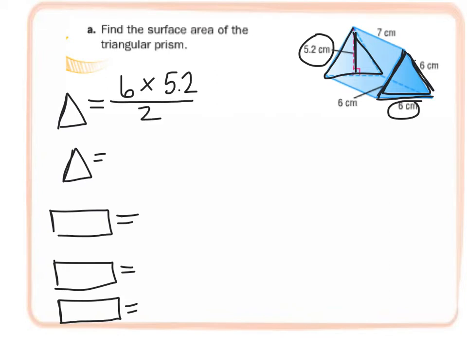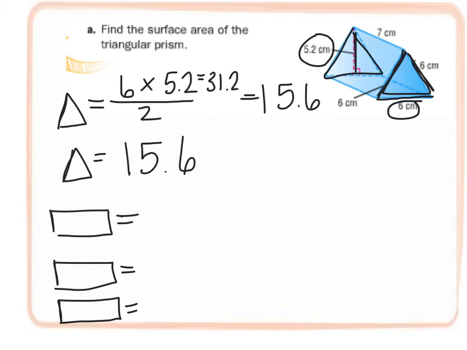In my calculator, 6 times 5.2 equals 31.2, and then I divide by 2, and I get 15.6. And remember, my triangles are always the same, so I can write that for both of them.